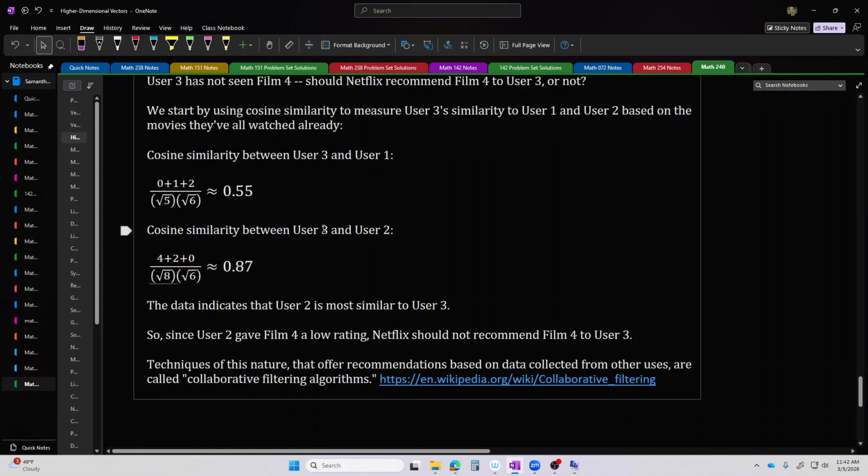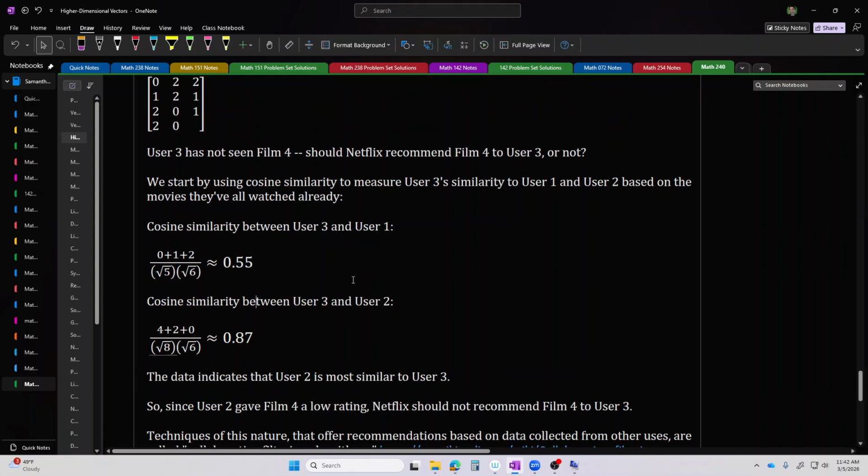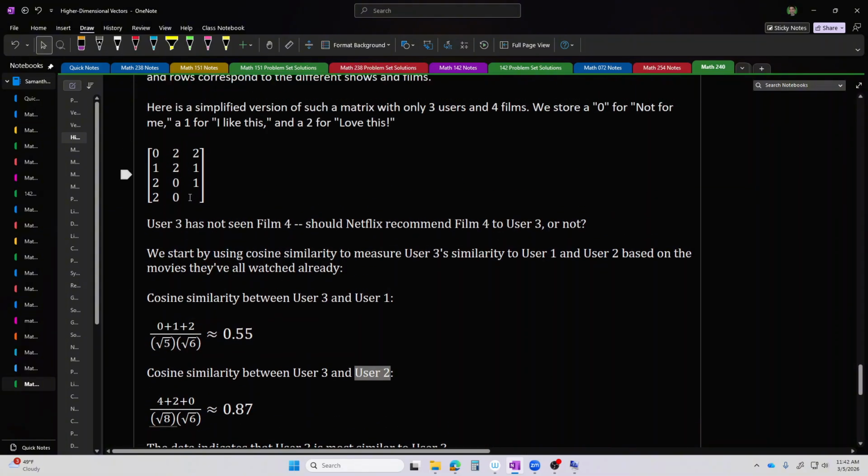User 3 is more similar to user 2 than they are to user 1. So what we're going to do is consider what rating user 2 gave to the last film, and based on that, we're going to decide whether the last film should be recommended to the third user.